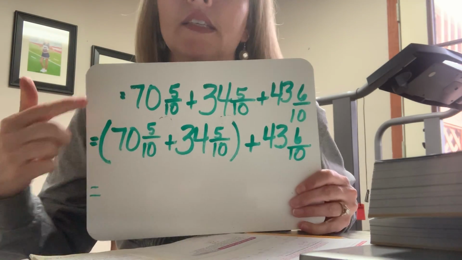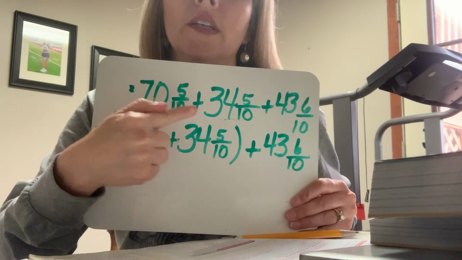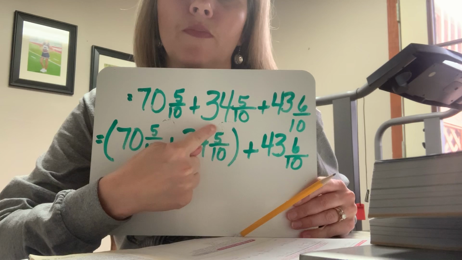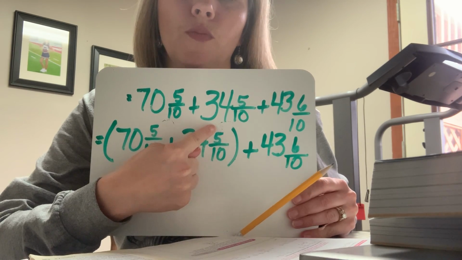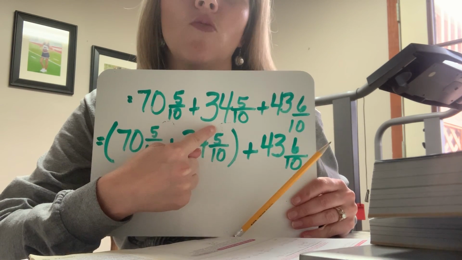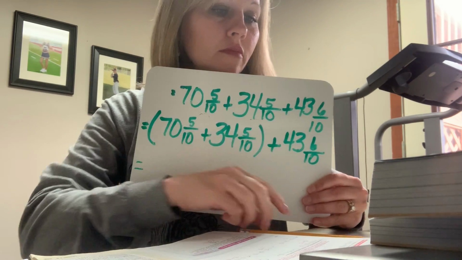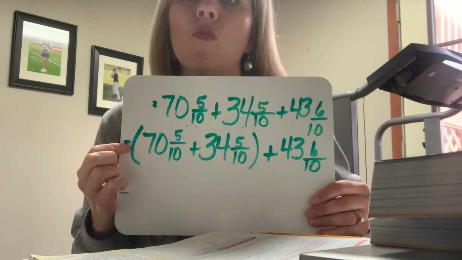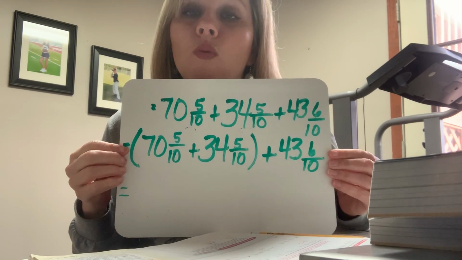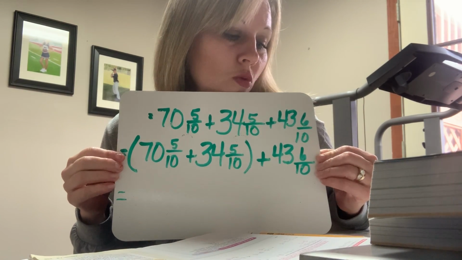Okay. So I rewrote this like this. This is the first line: 70 and 5 tenths, and I'm going to use my commutative property, and I'm going to put beside of it 34 and 5 tenths, plus 43 and 6 tenths. Then on the next line below, they want you to use parentheses, and that's when we're going to group them a little bit differently than before.